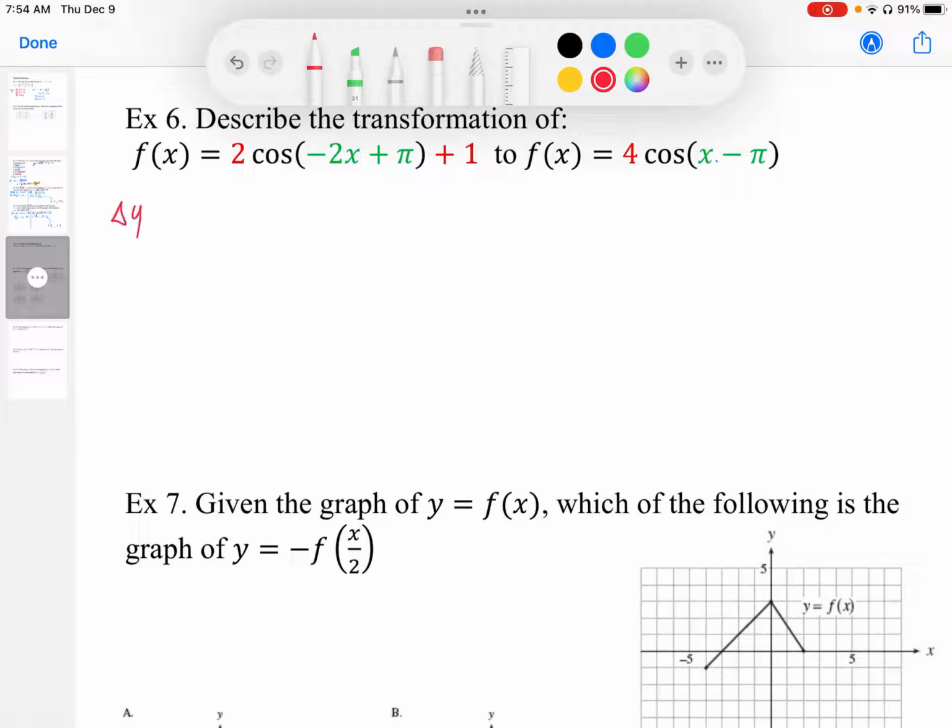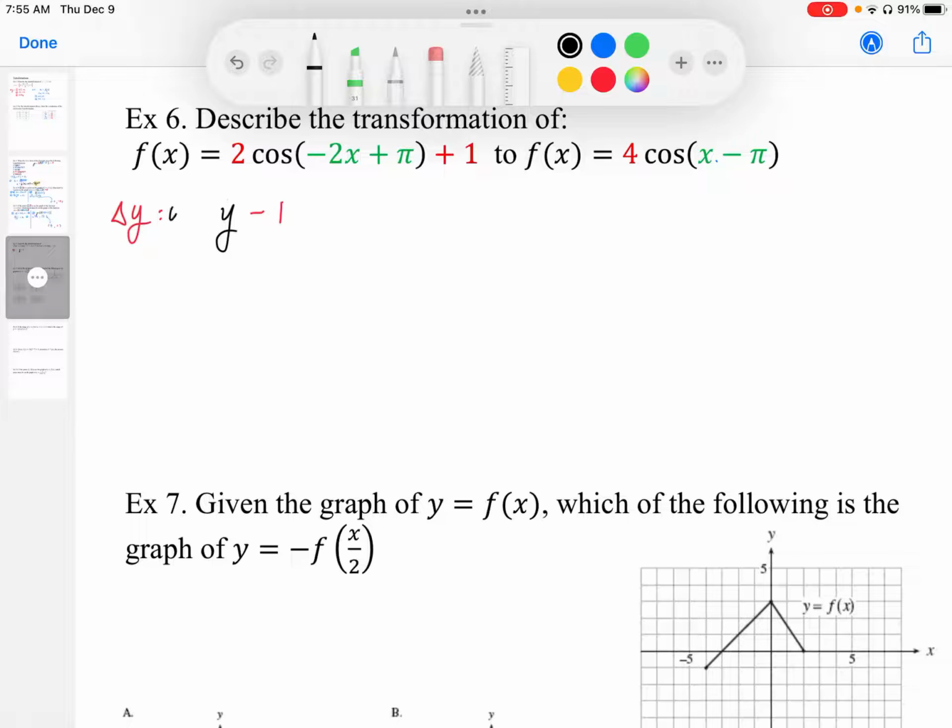So we're going to do that first. The change in y that we're going to need, well, first of all, we need to get rid of that plus 1. So we're just going to take our original f of x. Actually, I'm just going to write that as y. We're going to take our original y value and, first of all, get rid of that plus 1 with the minus 1.